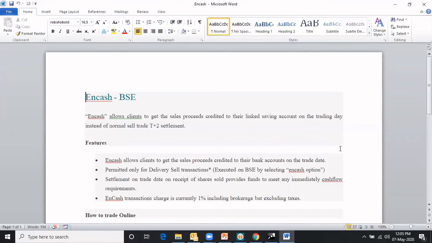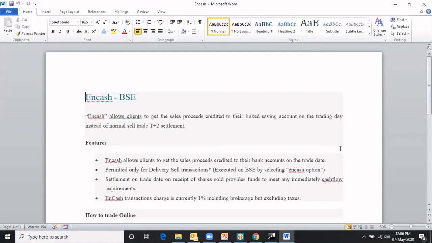For example, Monday is the trading day of my sell transaction, and I have that stock in my Demat account, which is linked to my trading account of IDBI Capital. Then T is Monday, T plus 2 is Wednesday. So Wednesday evening, the exchange will pay me the money, and in turn, IDBI Capital will transfer that amount into your linked savings bank account.